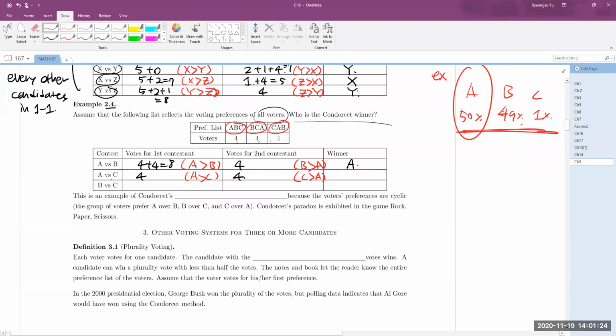And in the preference list CAB, again, C is on the leftmost side, so definitely people in this preference list think that C is the best among all other candidates, right? So you need to count those 4 people in here in the second cell. So in this case, 8 people think that C is better than A, so the winner is C.